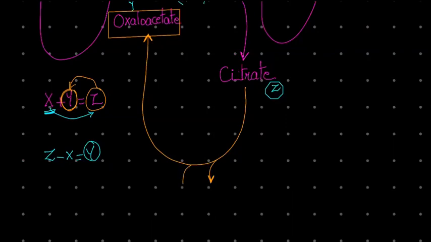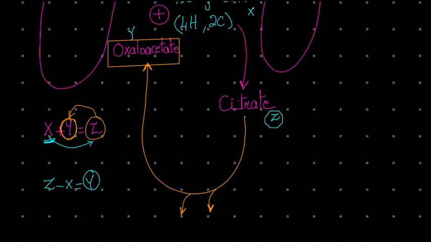So what will I be losing? I will be losing the carbons in the form of carbon dioxide. I would be losing my hydrogens, and how many hydrogens did I have again? Can you remind me? In each acetyl-CoA, I have 4.